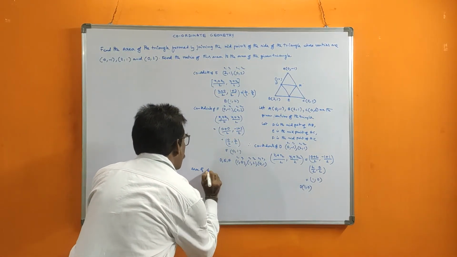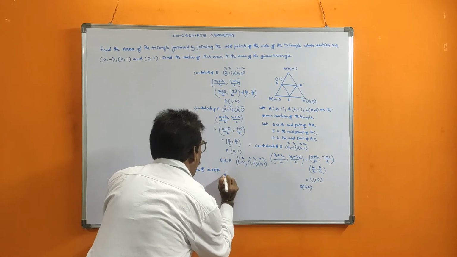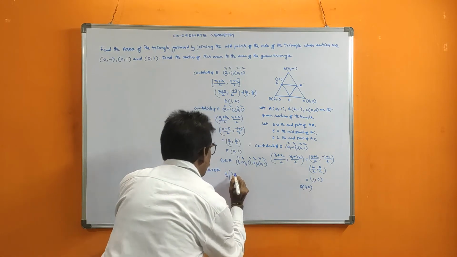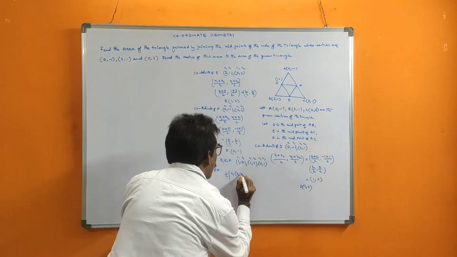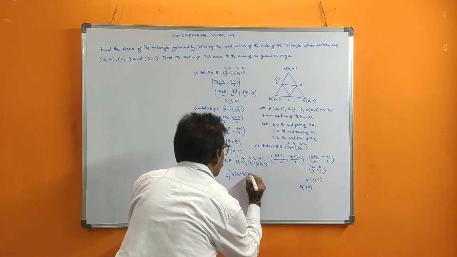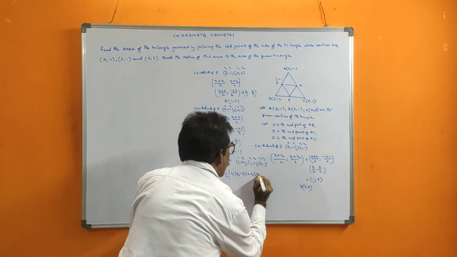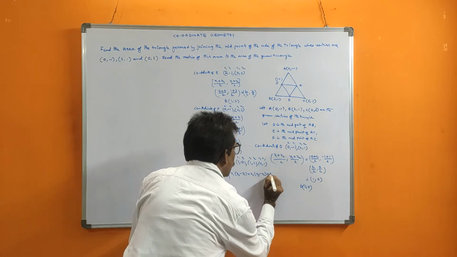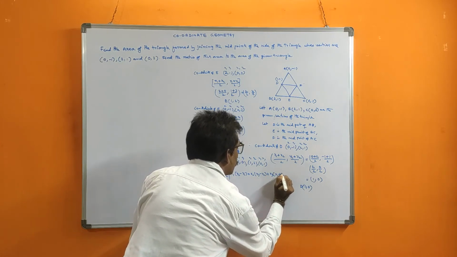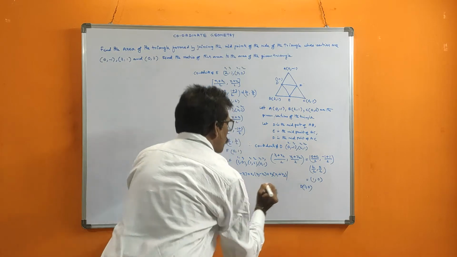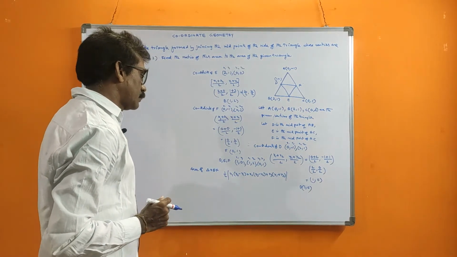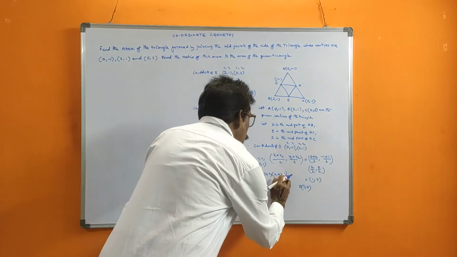Area of triangle DEF, mod, what is the formula? Half of mod x1 into (y2 minus y3) plus x2 into (y3 minus y1) plus x3 into (y1 minus y2). This is the formula.